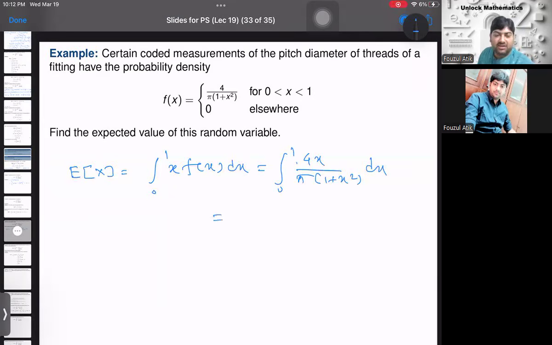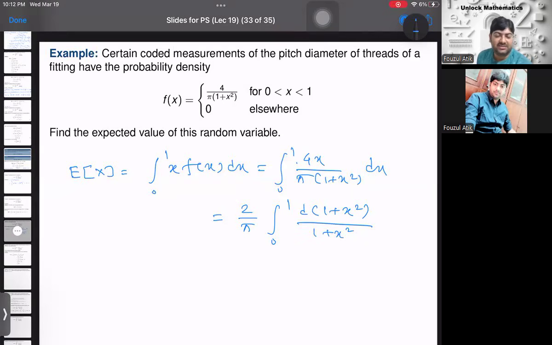Now in this integration, when the numerator has the term x, I need the derivative of 1 plus x square, so I can easily accommodate that. I'm just taking 2 by pi out, then the integral from 0 to 1 of 2x dx. But 2x dx I can write as d of (1 plus x square) divided by (1 plus x square). Now this is a very standard one.